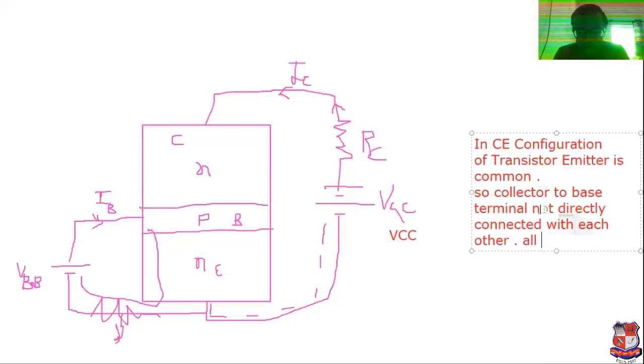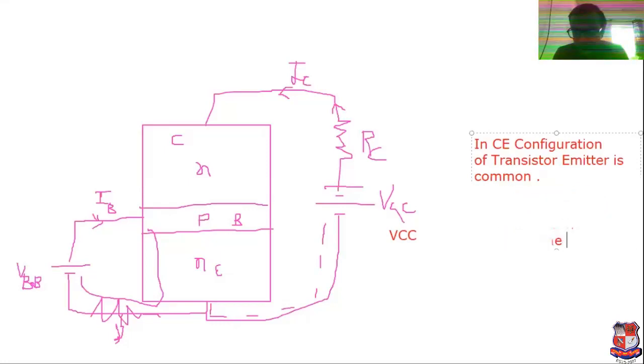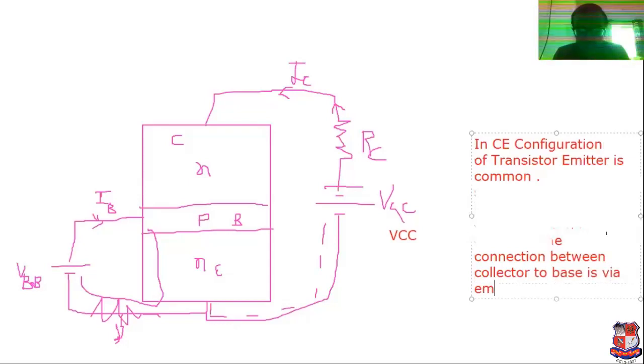All the connection between the collector and base is via the emitter only. See, these are the golden words related to common emitter configuration. Please try to concentrate here.